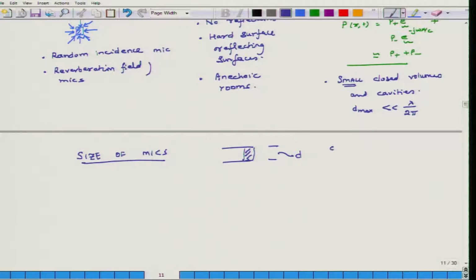A lot of times this diameter is either half inch or 1/4 inch, or in very few cases we may get very thin microphones, 1/8 inch. So, half inch is about 12-13 millimeters, 1/4 inch is about 6 to 7 millimeters, and 1/8 inch is about 3 millimeters wide.